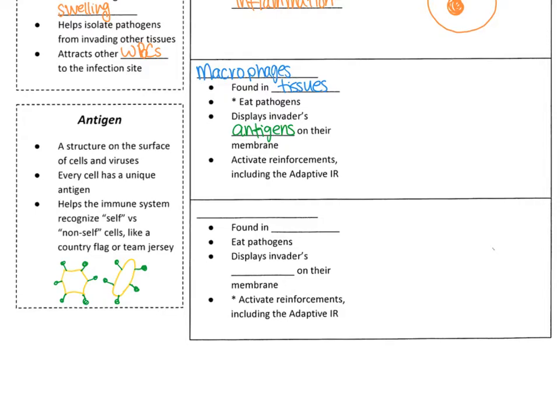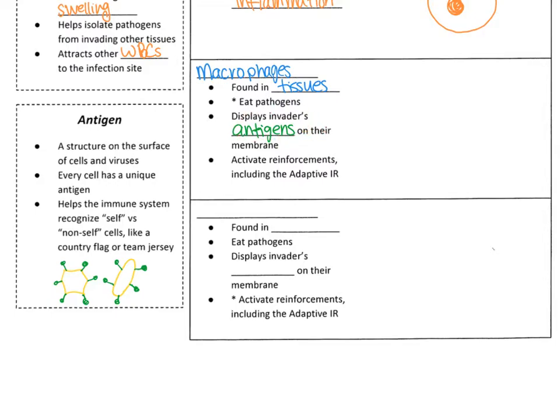These antigens are proteins on the surface. So going back to the role of antigens in macrophages, their job is to eat the pathogens. And when they eat the pathogens, they then wear the enemy's antigens on the surface of their cell because they use that as kind of like an identifying flag, like, hey team, this is the enemy, this is what they look like, this is what you're looking for.